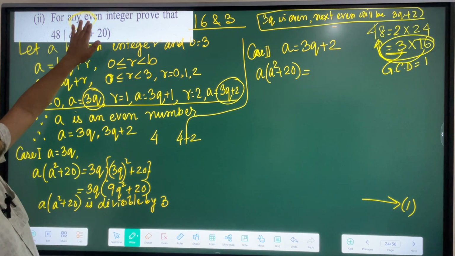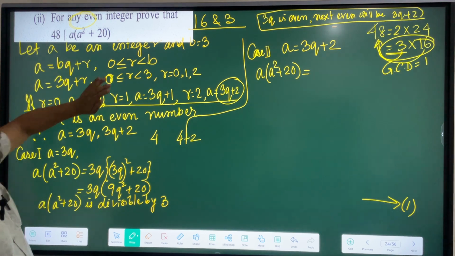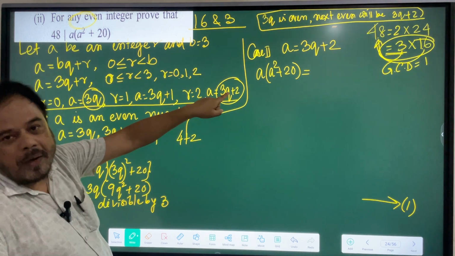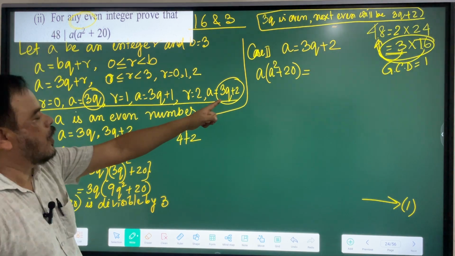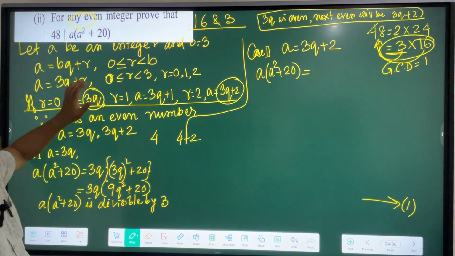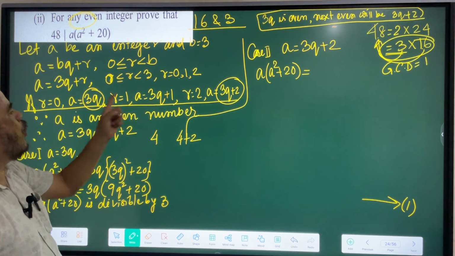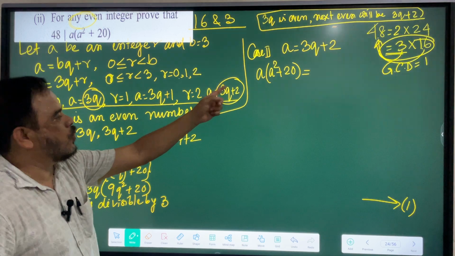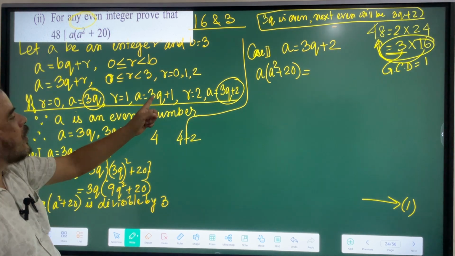It is given in the question even integer. We have got 3 integers, 3q, 3q plus 1 and 3q plus 2, but we will choose only 3q and 3q plus 2. If we assume 3q as 4, then this will be 6, and this is 5. Since in the question it is given even, we will avoid 3q plus 1.